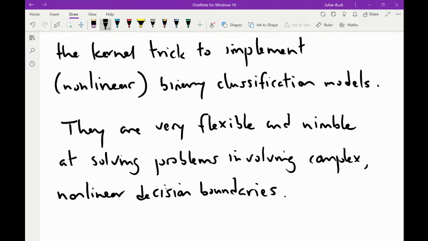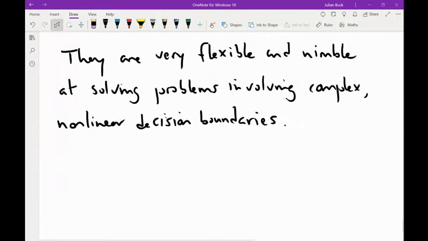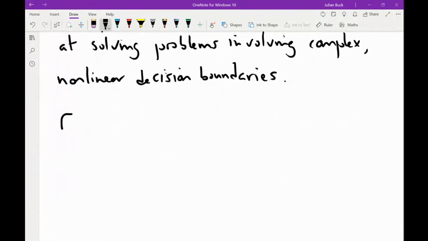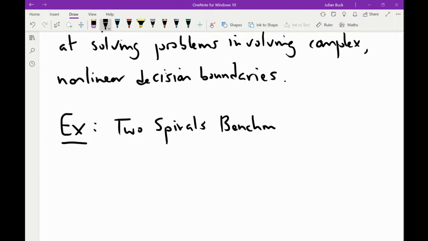Okay, so let's look at an example of this, where this works out very nicely in comparison with another kind of method that we already know. We're going to look at what's called the two spirals benchmark problem. The reason this is called a benchmark problem is that this is a well-known and available data set, and the question is, how well can a given algorithm do at this problem?